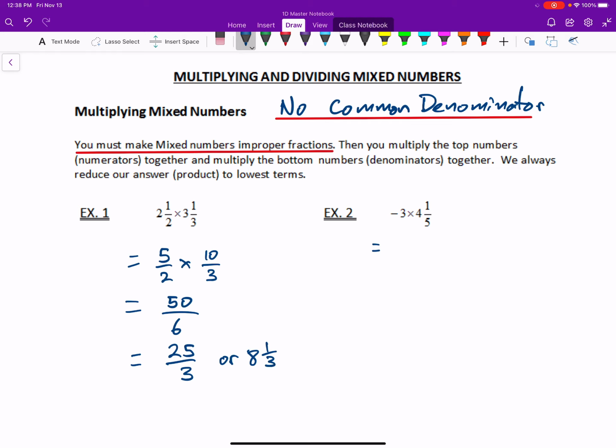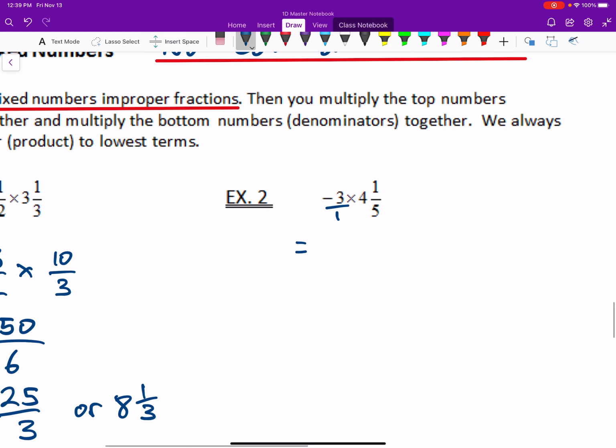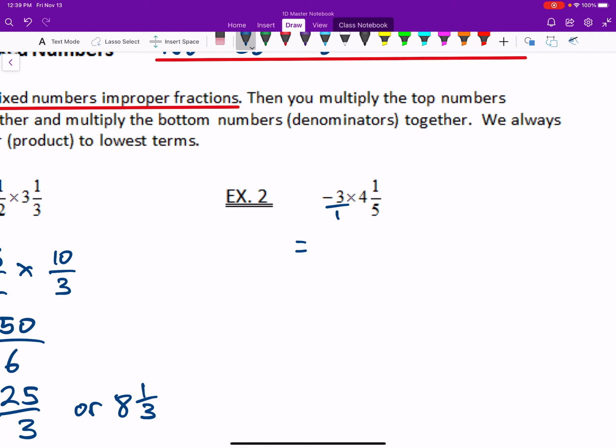If I'm multiplying a negative number times a positive number, well, there's a couple things going on. First of all, I've got a whole number, so I can think of that as a fraction. Just when we're working with a fraction, try to think of everything like a fraction. So think of this like it's a fraction as well. But also put the negative sign on top. That is important. We need to have a place to put the negative sign.